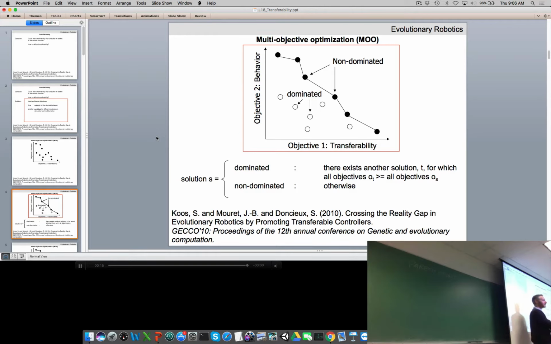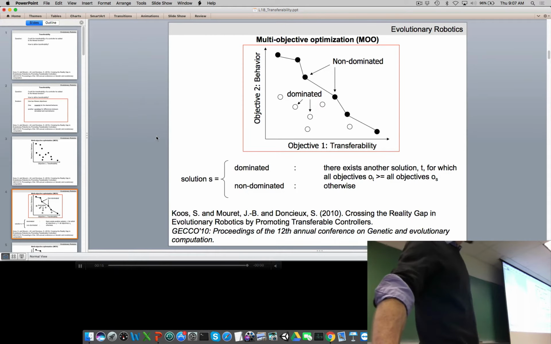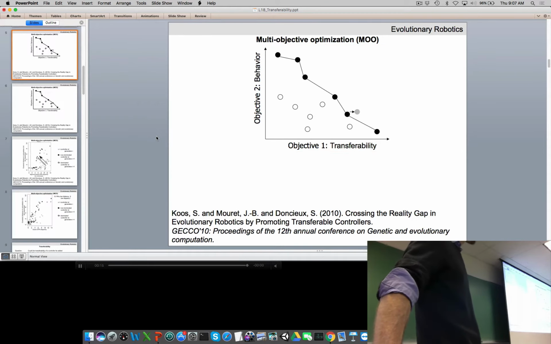You got it. Okay, so we found the Pareto front, where we found the solutions that are non-dominated and dominated. Which solutions die and which ones survive? The non-dominated survive, and the dominated die out. The survivors, the non-dominated solutions, get the privilege of producing offspring.